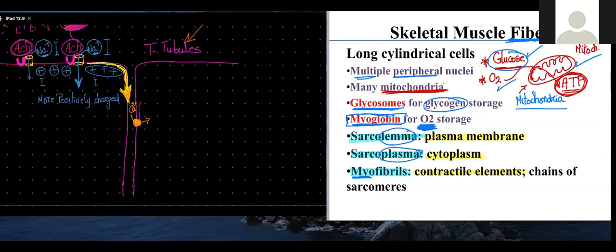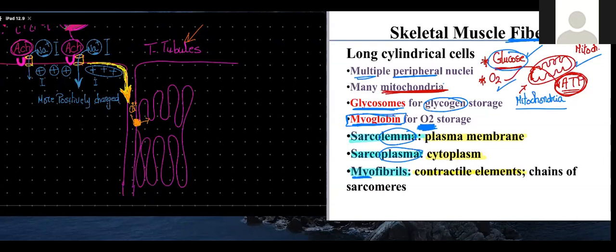It's going to allow the calcium to travel to flattened tubules located within the skeletal muscle cell. This is my smooth endoplasmic reticulum of the skeletal muscle. This is what we call my sarcoplasmic reticulum.